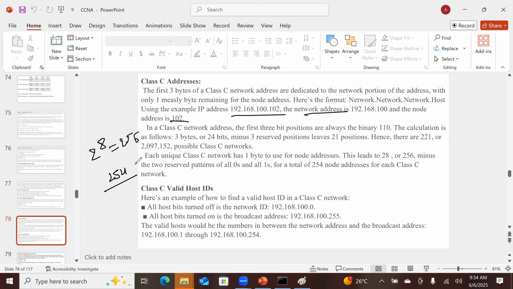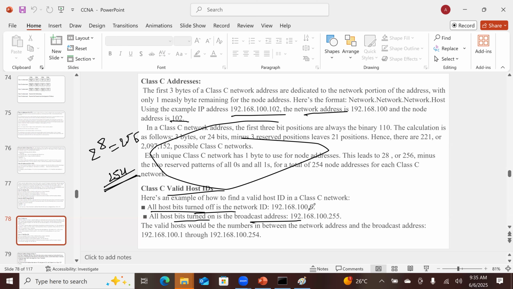So here we'll be having 254 IP addresses in a single network. This is all the same. So class C, valid host IDs. Where all host bits are turned off, that is the network ID, and where all host bits are turned on, that is called the broadcast IP address. You can see here 192.168.100.0, that's the network address, and 192.168.100.255, that's called the broadcast address.